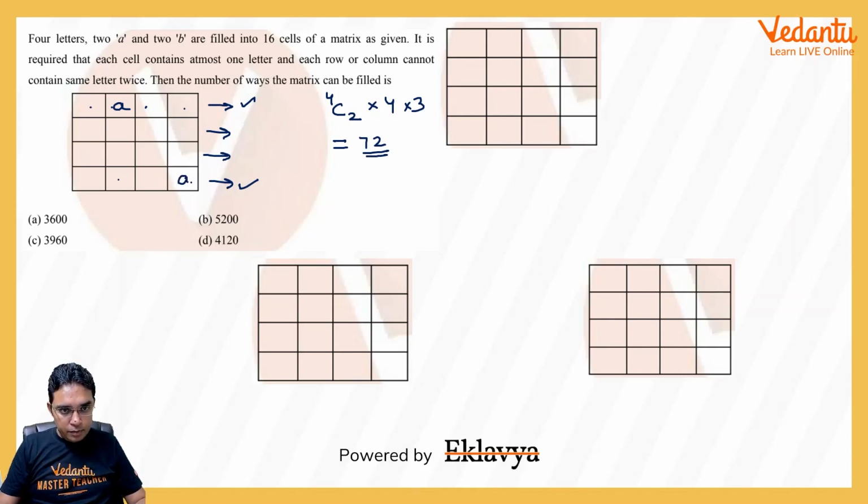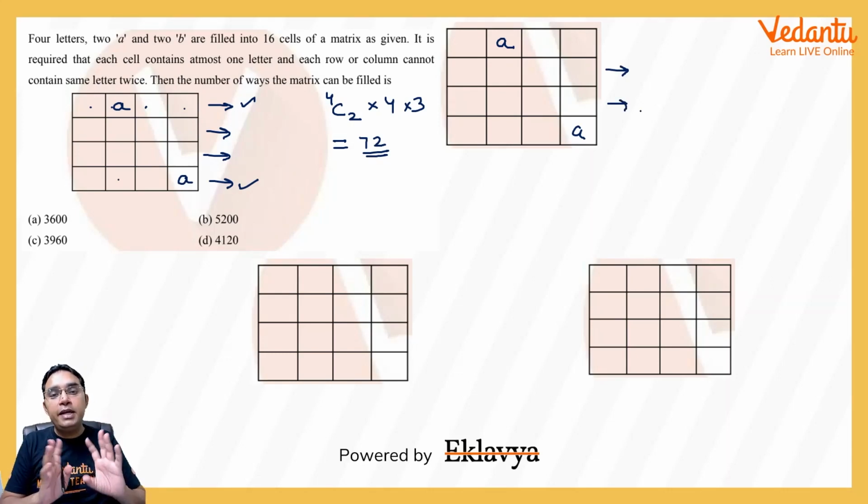Let us assume my second A is here. Once we have filled the 2 A's this way, I have taken one example of these 72. Now, how to fill the B's? I have made 3 cases. Please see what these 3 cases are. First, I will put my B in those rows in which no A has taken place.